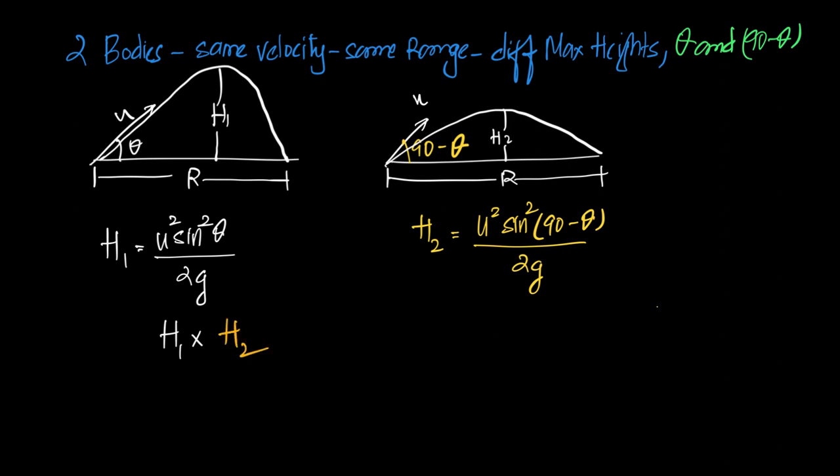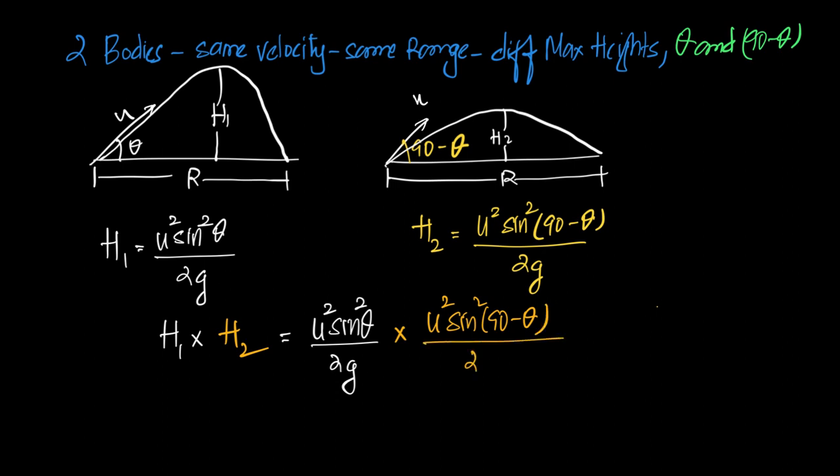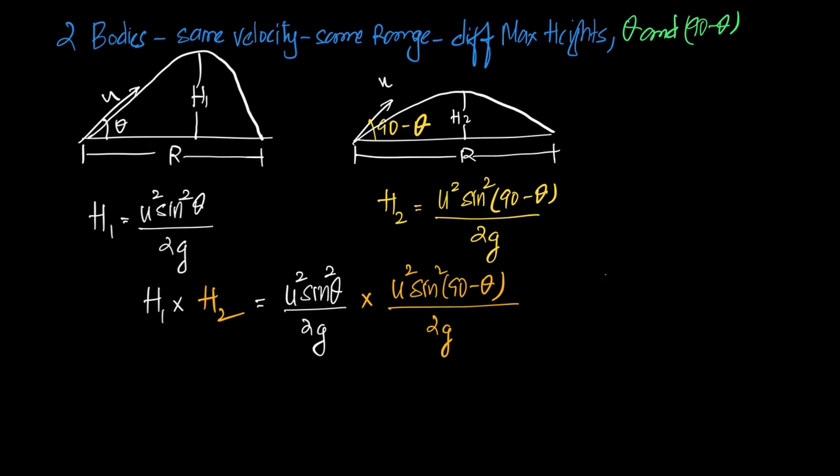So h1 into h2 is equal to u square sine square theta by 2g into u square sine square 90 minus theta the whole upon 2g. Now we'll try to make this equation more sensible.